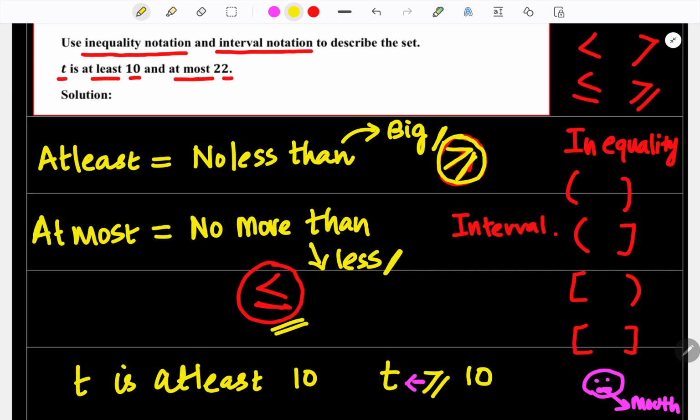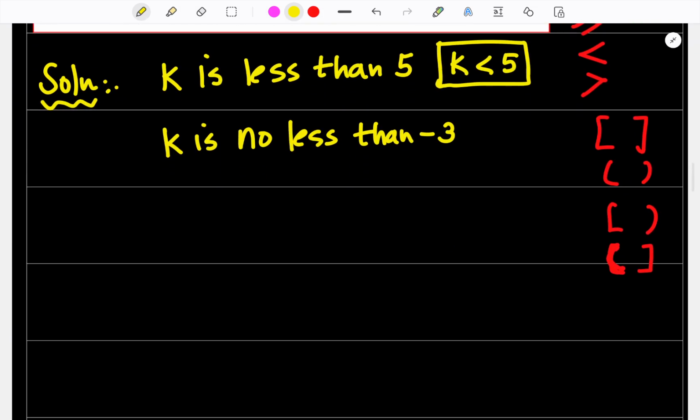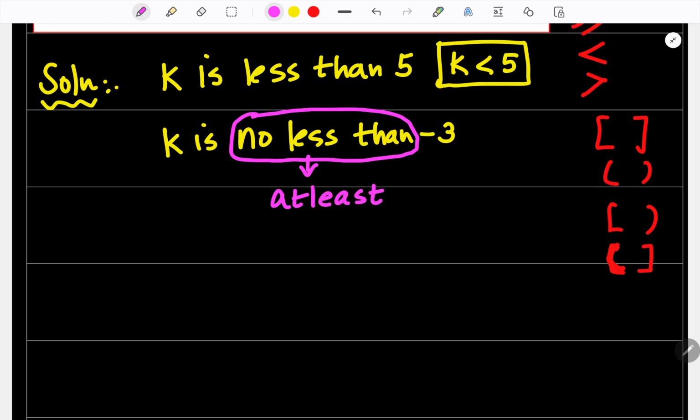Actually, you should not say bigger equal. It's just greater than or equal to. But for simplicity, I'm telling you simple words. Big, small. So at least means you have to use this one. No less than means it is at least. What is the symbol you are going to follow? This one. So K is more than or equal to minus 3.